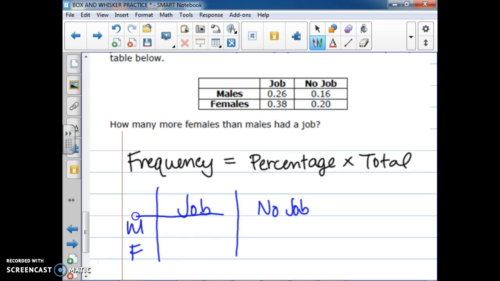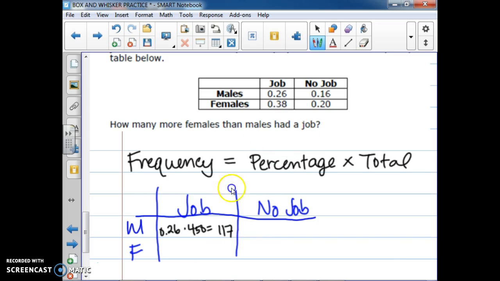Okay, so to find out how many males had a job, I have to take 0.26 and multiply it by the total number of students. So the total number of students was 450, so I'm going to take 0.26 times 450, and that's going to give me 117.